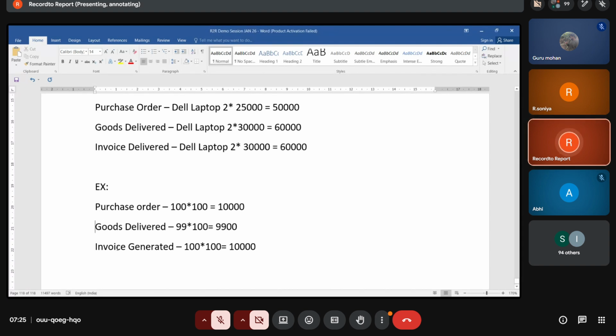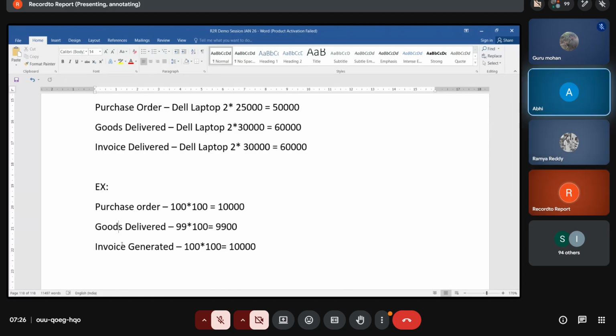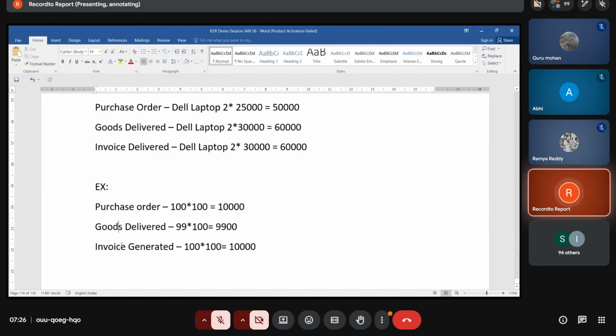So invoice is generated for 100, the purchase order is showing 100, but for the goods received, will you pay for 100 or will you pay for 99, guys? If you receive 99 products, will you pay for 100 or 99? 99. So whatever the goods received, that is the final count for the company.